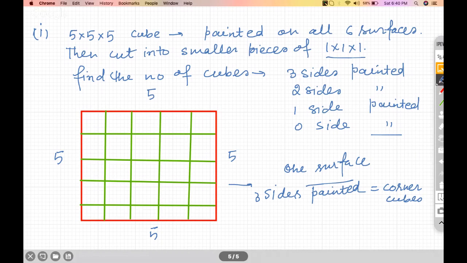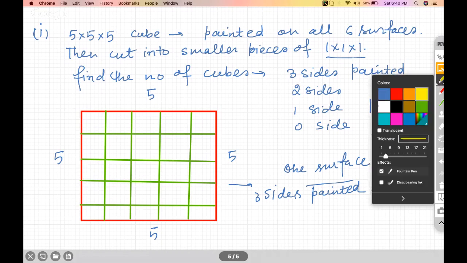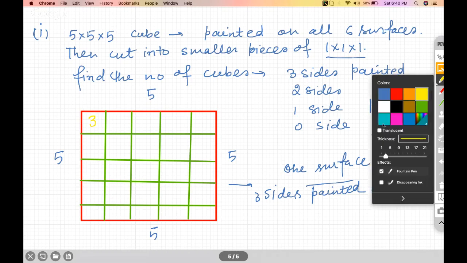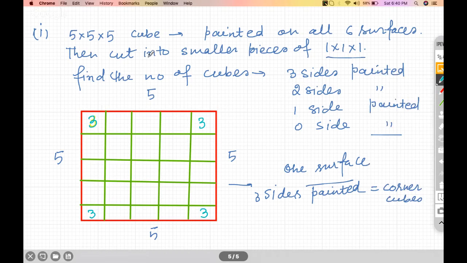So this would be three side painted. I'm sorry, let me use another color. This would be three side painted, and this would be three side painted. And four cubes on the other corner. So total it will be 8 cubes.